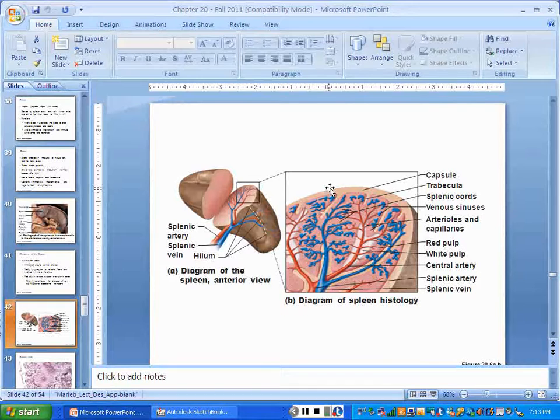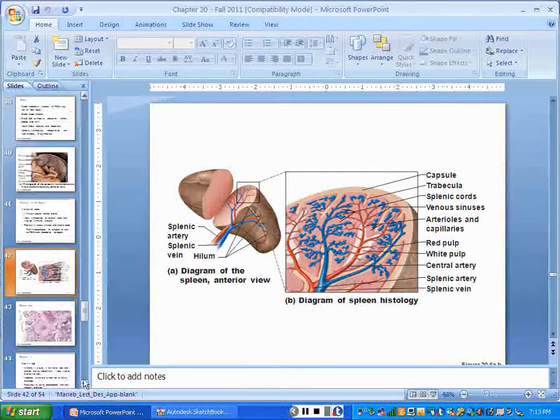It is the main site in the body of red blood cell destruction because it has macrophages that break down those red blood cells, help play a role in processing the different parts. Yep, lots of dead red blood cells in the red pulp.